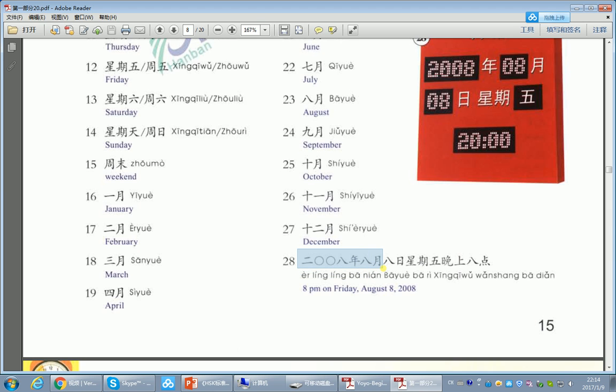Then the month, August 8月. Then the date, 8日. Then the week, Friday 星期五. Then it is in the evening 晚上. Then the time finally, 8点. From the biggest to the smallest, it is the Chinese way to say the time.